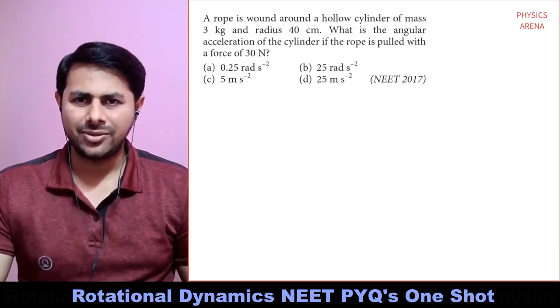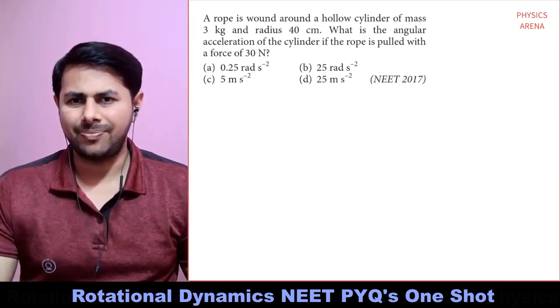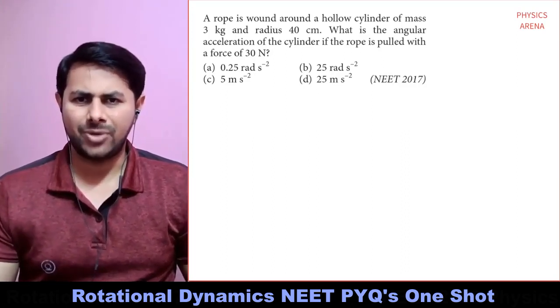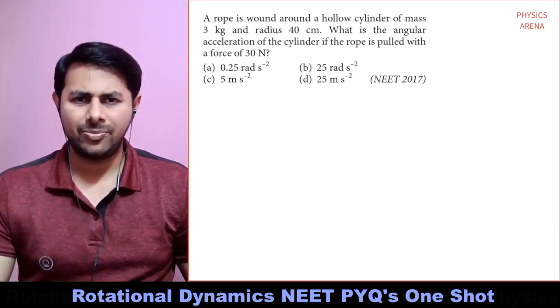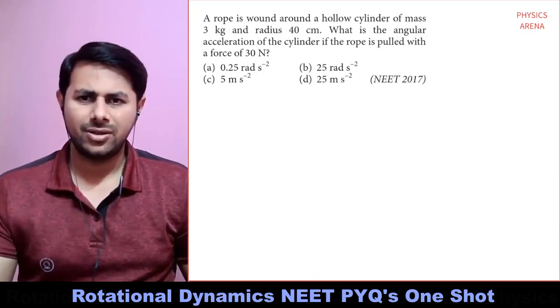A rope is wound around a hollow cylinder of mass 3 kg and radius 40 centimeter. What is the angular acceleration of the cylinder if the rope is pulled with a force of 30 newtons?